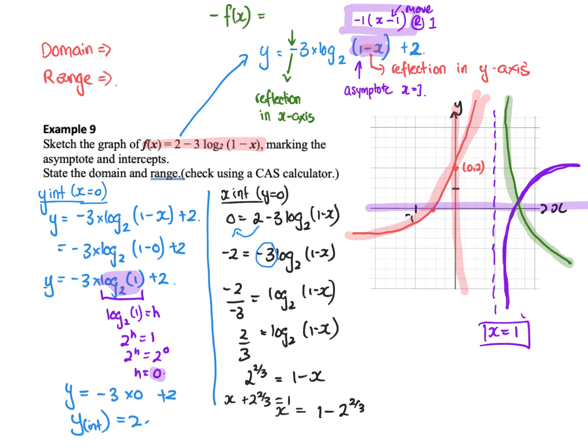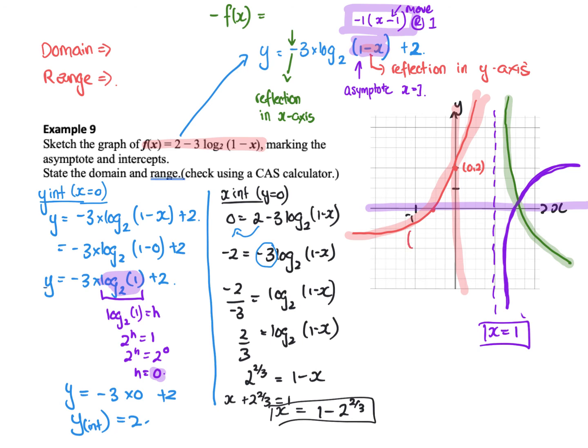Okay, you can't work that out because you don't have your calculator. I'm just pretending we don't have our calculator. If you have your calculator, just go trace it. This is actually the exact answer for the intercept. When you get that decimal answer, that's not an exact answer. So really, I want to put the exact answer up there.